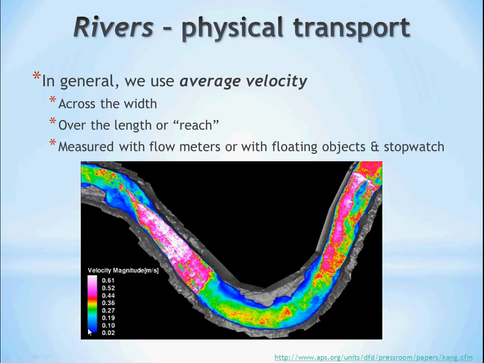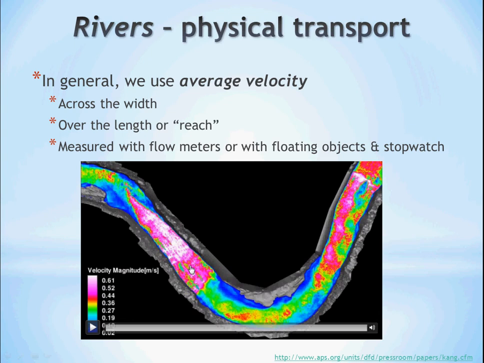This is just another picture of non-uniform velocity in a river, with pink and white being fastest in terms of meters per second and blue being slowest. So you can see, not uniform. In general we just use average velocity to do all of the calculations in this class. Whether that's average velocity across a width or within a reach or length of river, whatever distance you're interested in.